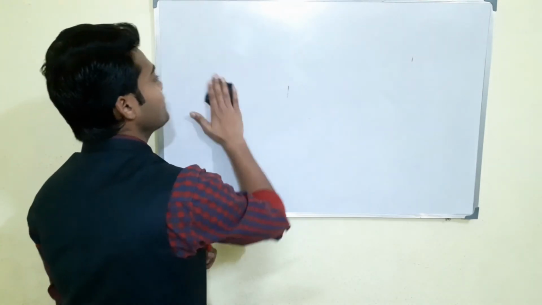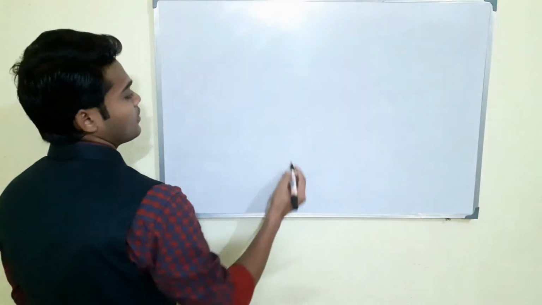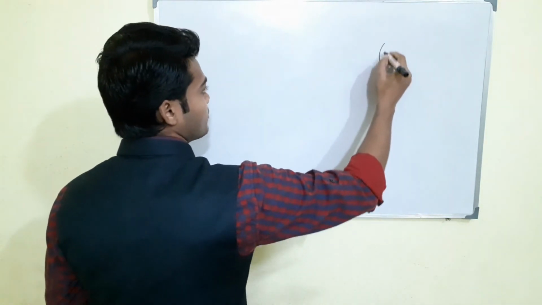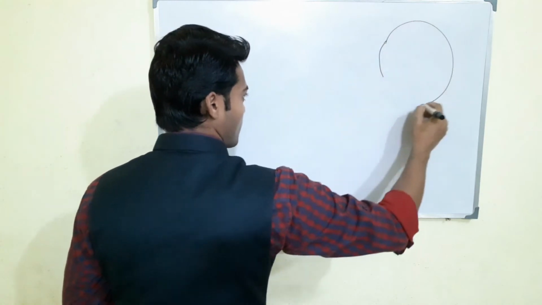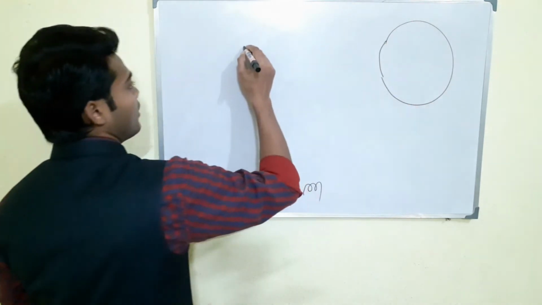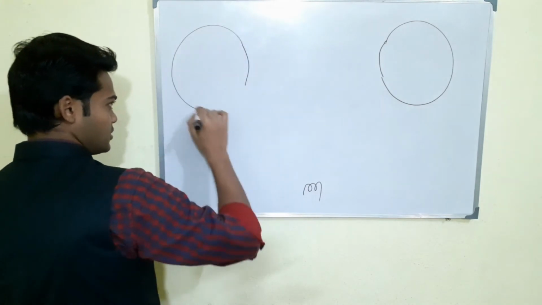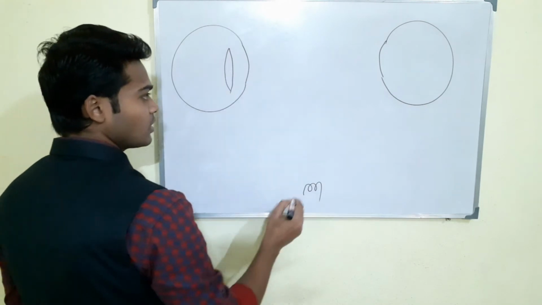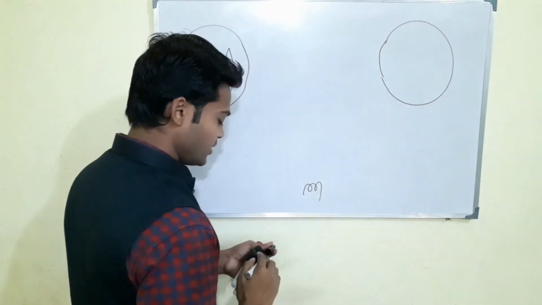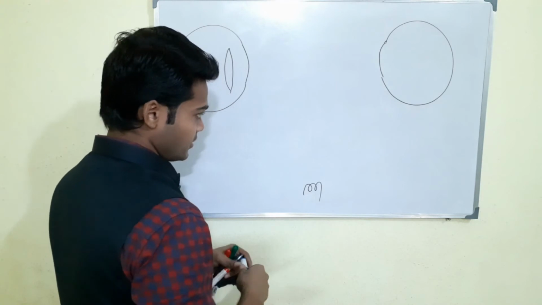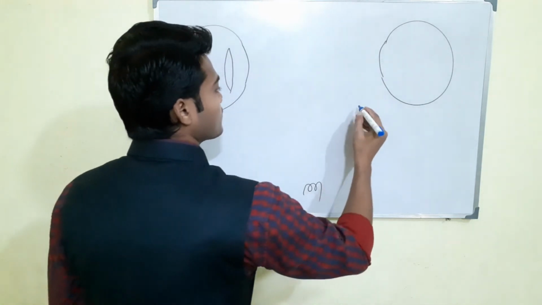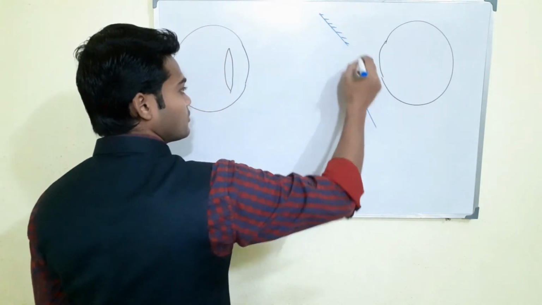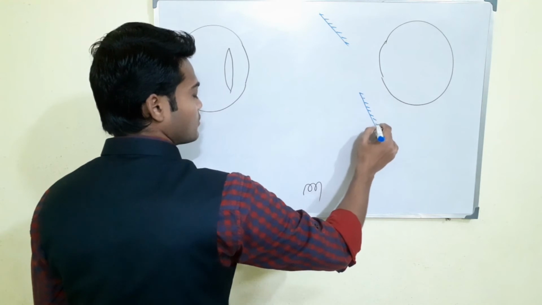After that, just assume this is the basic principle of the ophthalmoscope. Now we shift to the emmetropic eye. Suppose this is a bulb, and here is the observer eye, and here is the patient eye, right? Just assume here is a mirror, and here is also a mirror.